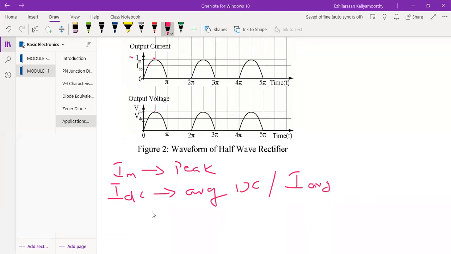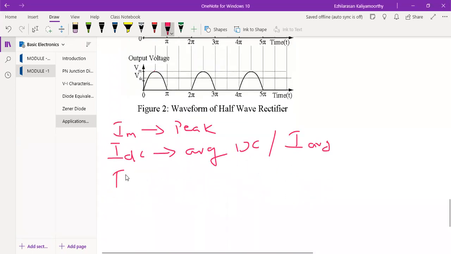Then next we are going to calculate RMS current, that is IRMS. IRMS means root mean square current.